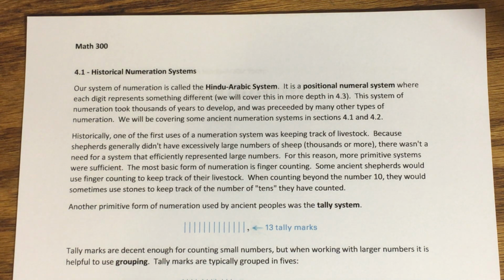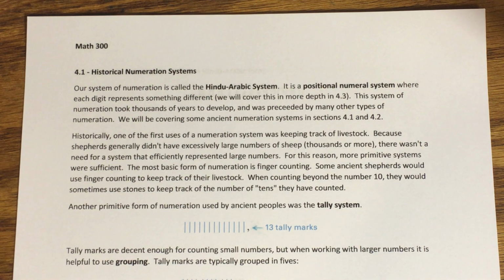So, for example, in 4.1, if you look at the systems presented there, there's actually three major ones. There's ancient Egyptian numeration, ancient Roman numeration, and then Chinese numeration, or ancient Chinese. We're going to be talking about Egyptian and Roman numeration systems here, but we're not going to go through the Chinese numeration here. We're trying to keep this down to a manageable number of systems.